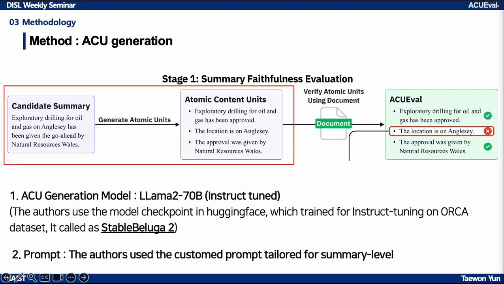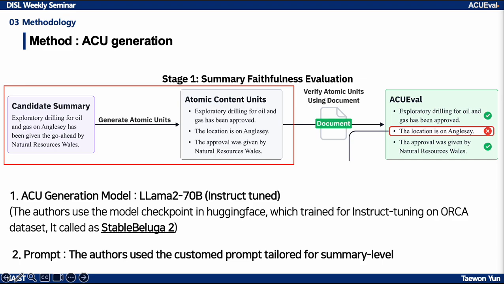And let's move on to how they use ACU for text evaluation. To prepare for evaluation using ACU, the first step is to generate the ACUs. The example in the previous slide is just an example created manually, but this kind of task can be replaced by an LLM.